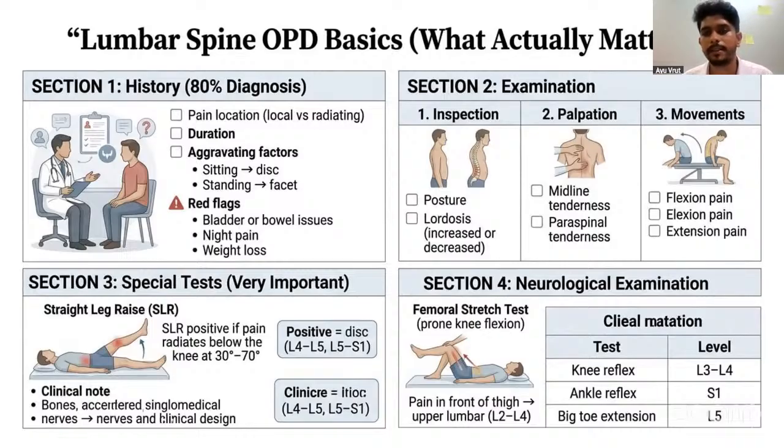Next is palpation. You have to palpate whether the pain is at the center, whether the pain is at the sides, whether the pain is at the muscles, lateral part, where it is. For movement, you have to see whether the patient is able to do free movements, or whether he is doing slowly.